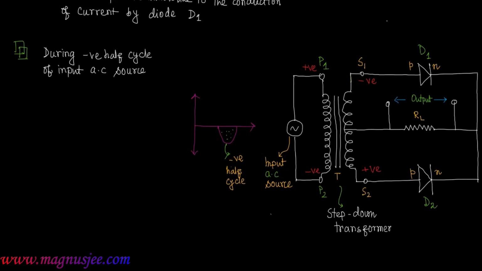And at the output, what type of voltage will we get? In this case obviously diode D1 will be reverse biased, and diode D2 will be forward biased.